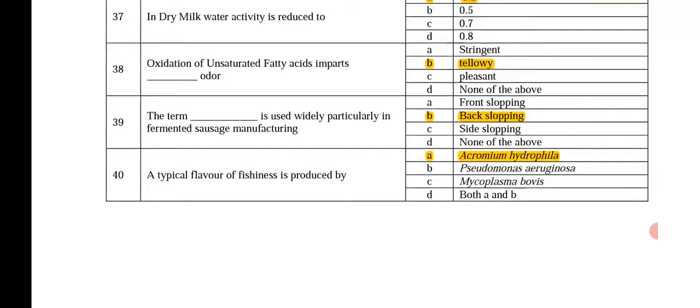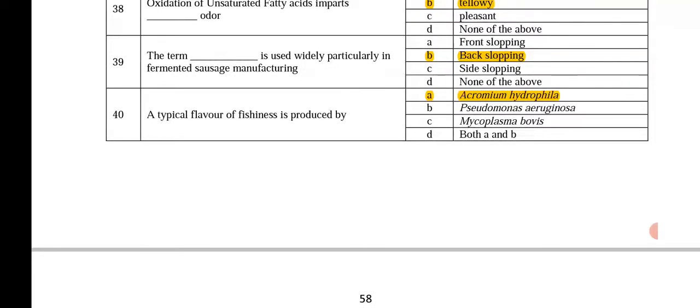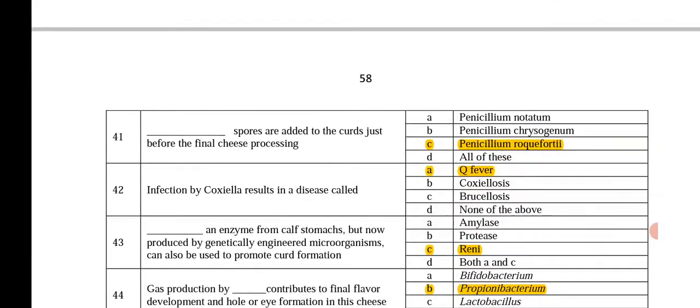The typical flavor of fishiness is produced by Aeromonas hydrophila. Penicillium roqueforti spores are added to the curds just before the final cheese processing. Infection by Coxiella results in a disease called Q fever.